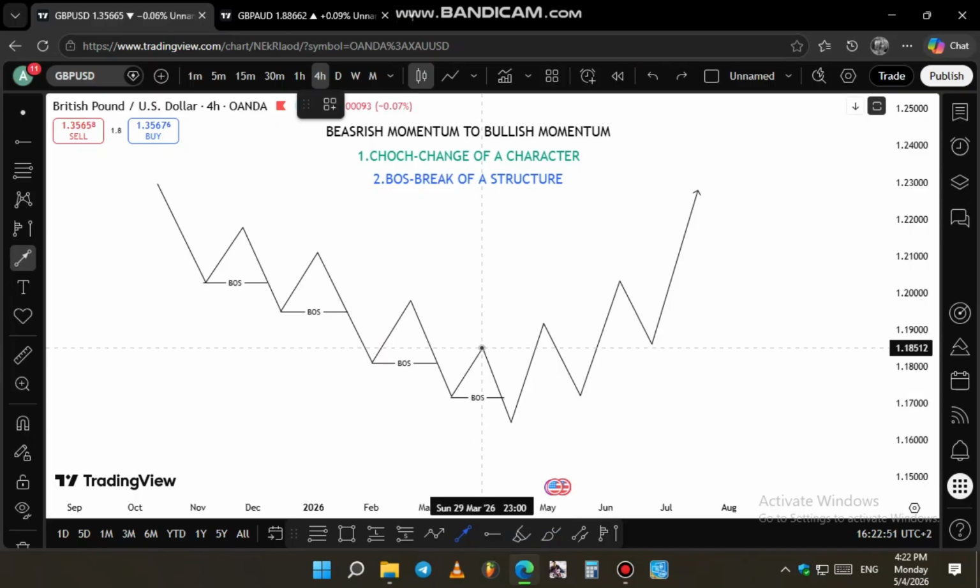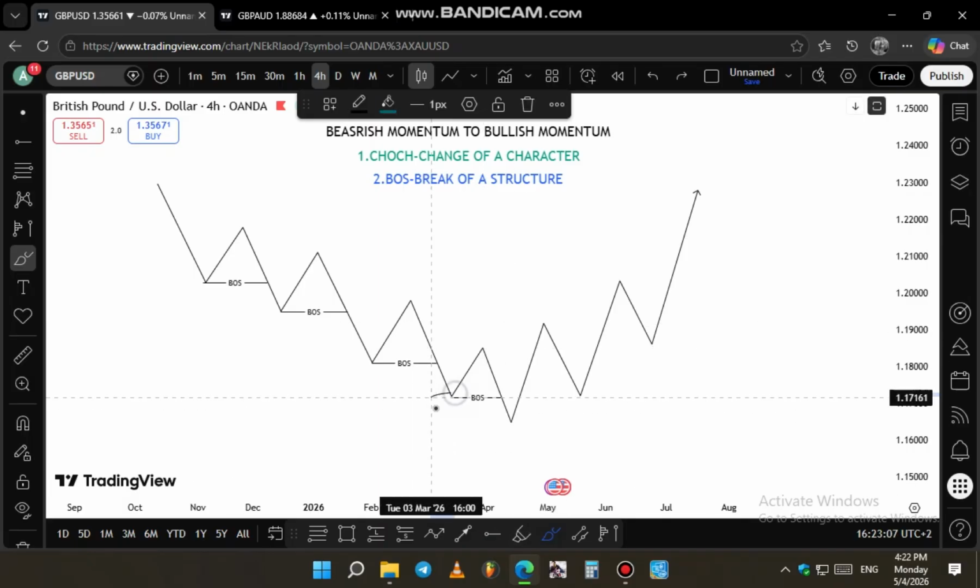So this is where change of character comes in. When price is changing from bearish to bullish, it means sellers are no longer in control. The buyers get into control. And here, if you can check nicely, this was my lower low and this was my lower high. Every lower high left up there when a lower low is created is a protected high.